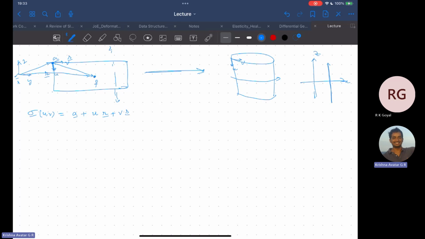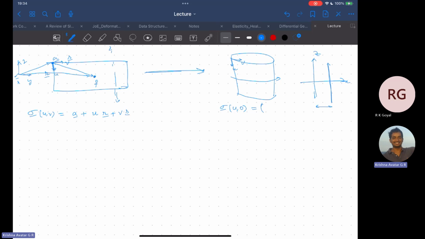So the profile is going to be sigma of u, say v comma 0, v is equal to 0, which has only an x component with some value. Let's call it some distance from here to here, some a, or maybe some constant.